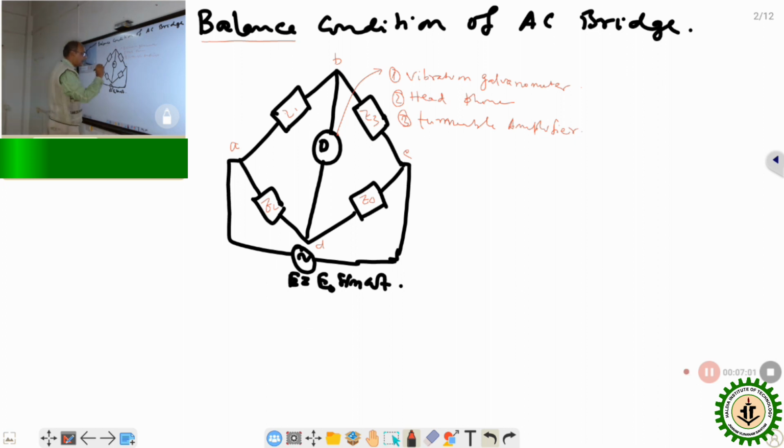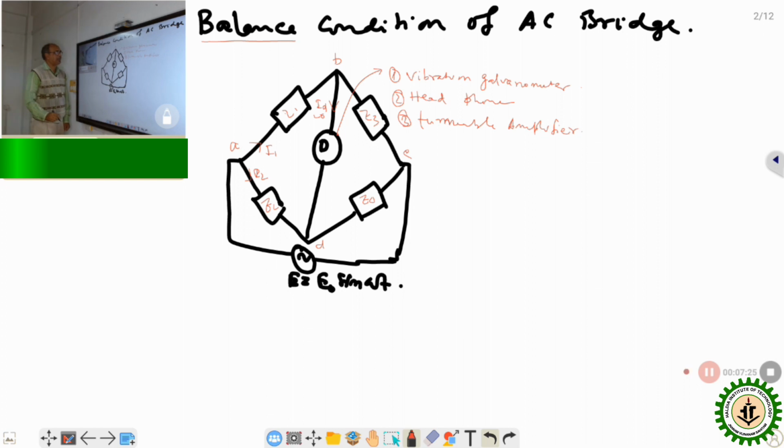Okay. Now we have given the supply. So the current will flow through this. Suppose the branch currents, this is I1, this is I2. What is the balance condition? Balance condition means no current flows through the detector. That means the current flowing through this is 0.